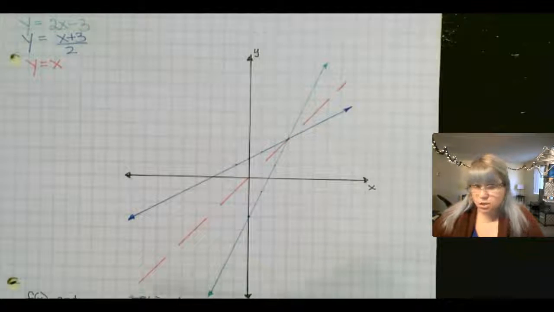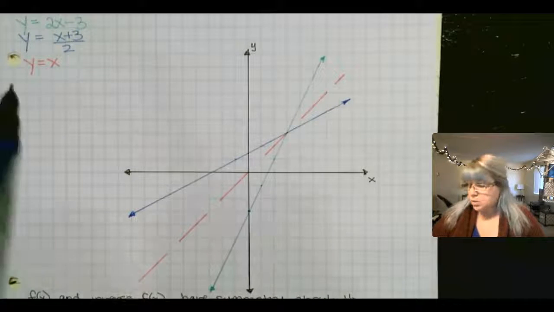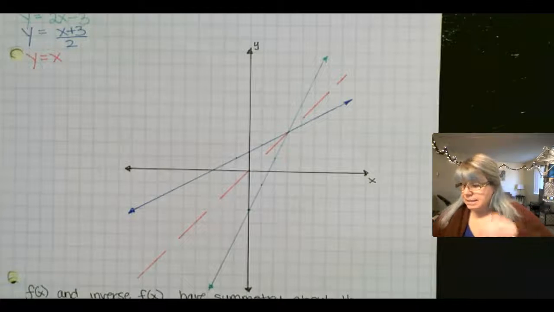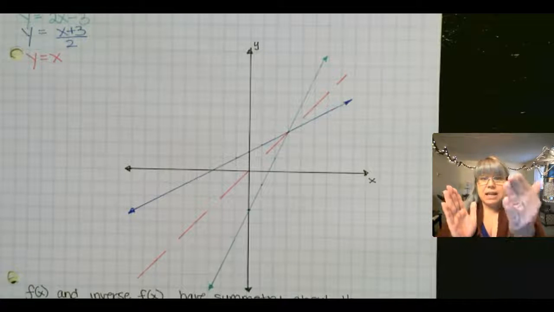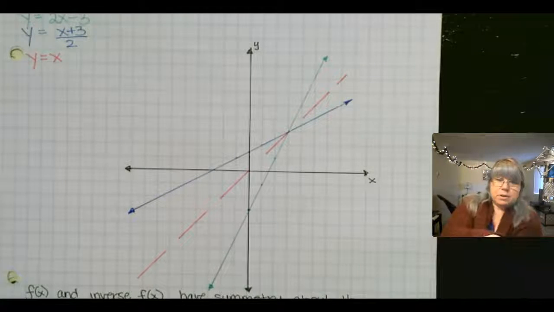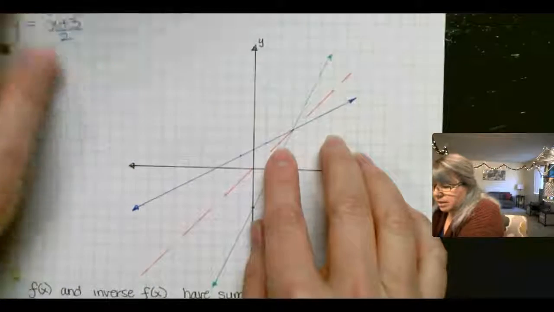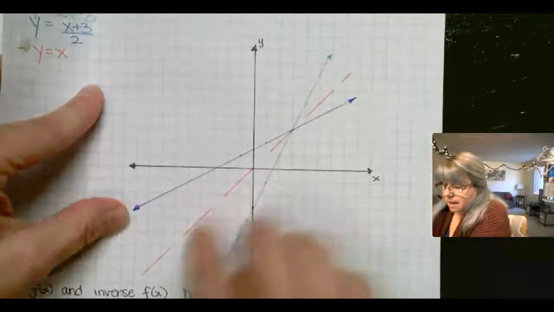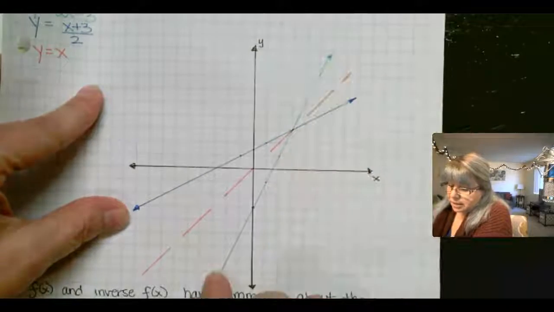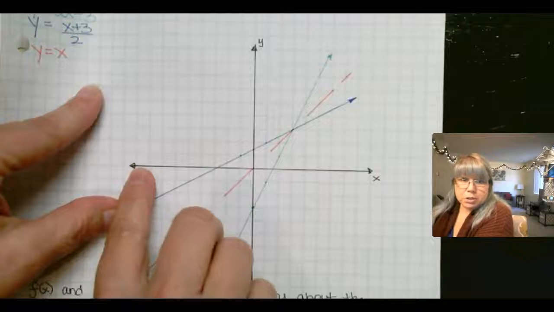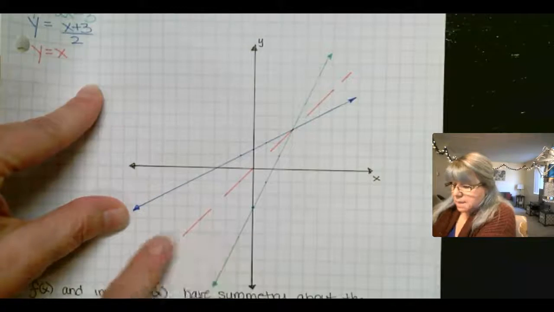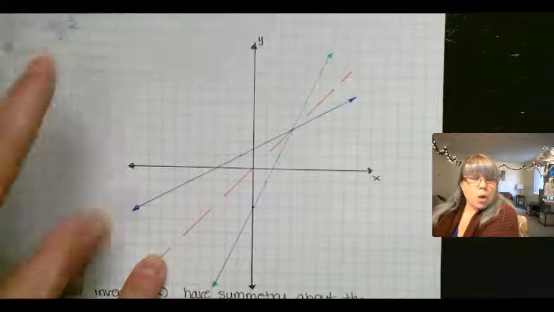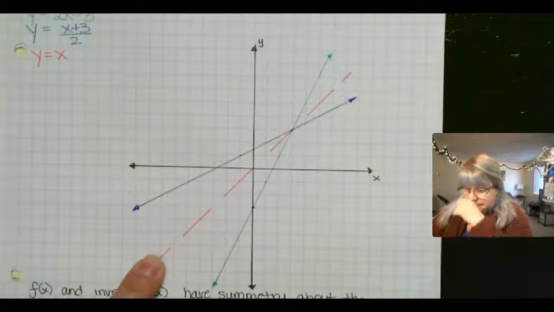So that's about 3/2. And I go over 2, up 1, over 2, up 1. As you see, the red line is where y equals x. And in essence, if I take that line and I flip over this line, the blue line would become the green line, and the green line would become the blue line. They are mirror images using this y equals x line.